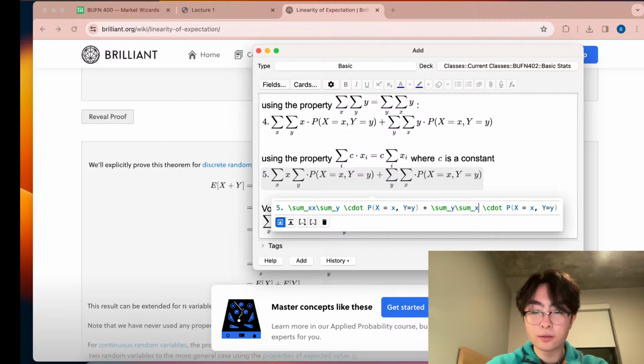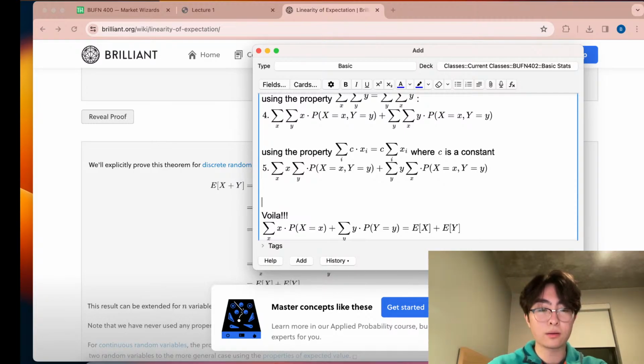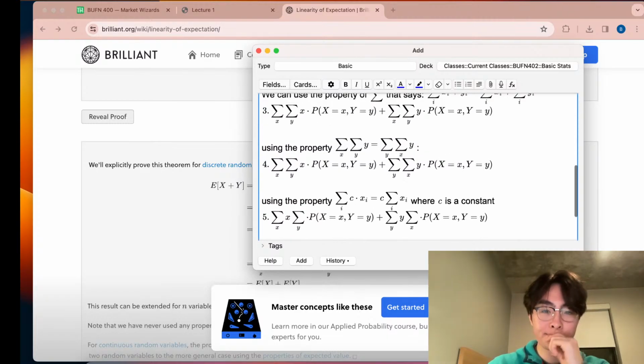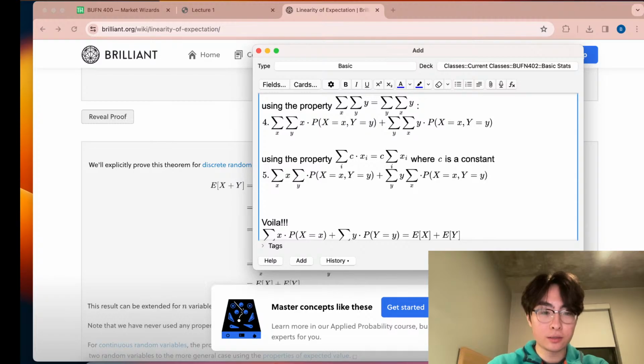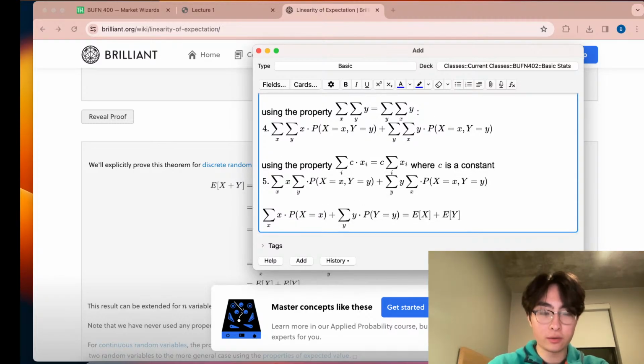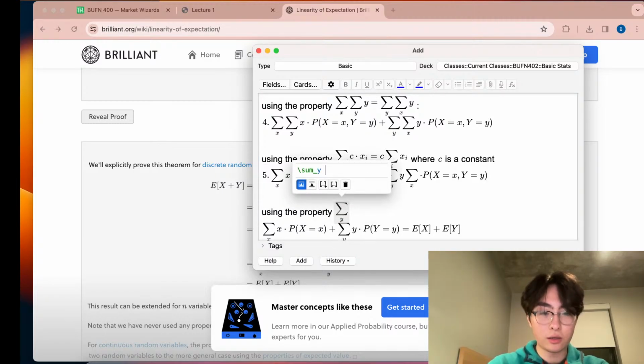X, sum of y. So this is what we have. Using the property, so we have the sum of y, c times y, actually probability of x, y is equal to y.